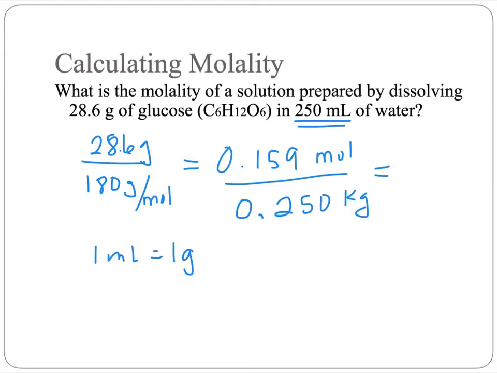All we have to do now is solve it. So bringing out the calculator and doing this division, you will discover that you have a 0.635 molal solution. And again, it's a small m for molal, capital M for molar.